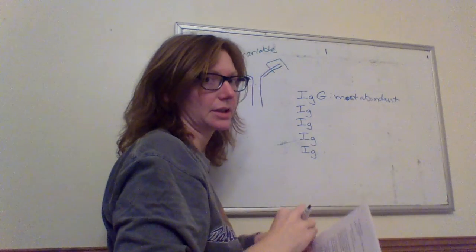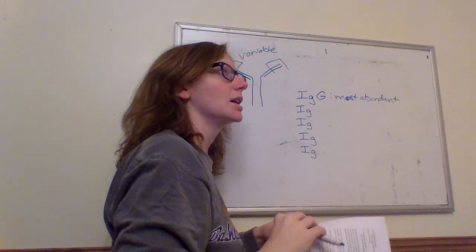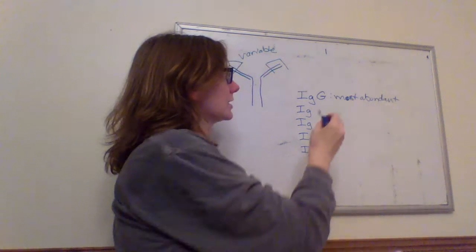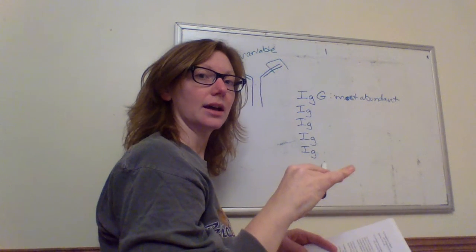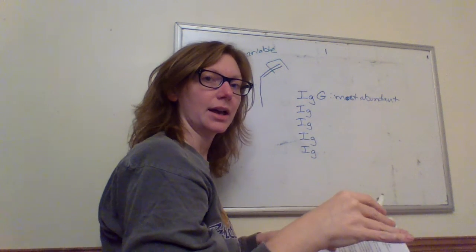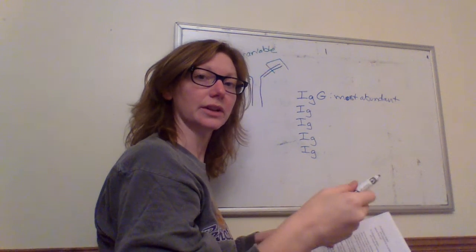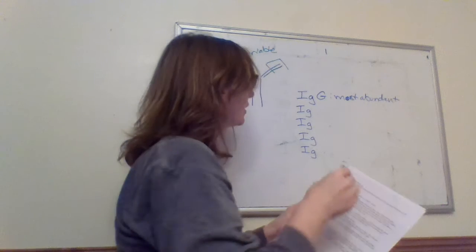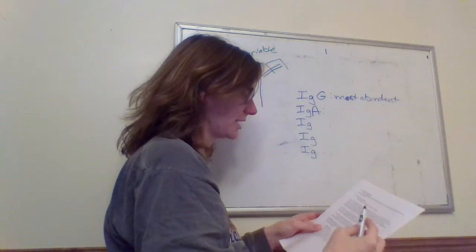They're found in your blood. They're found in your fluids. And this one is that one that we talked about earlier. It can cross into the placenta and confer immunity to the fetus. We have IgA.